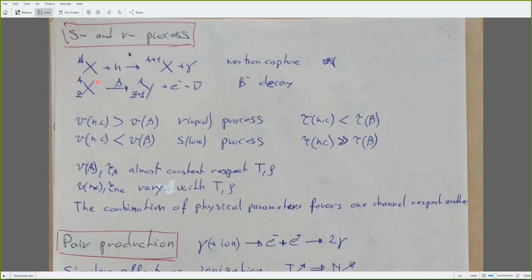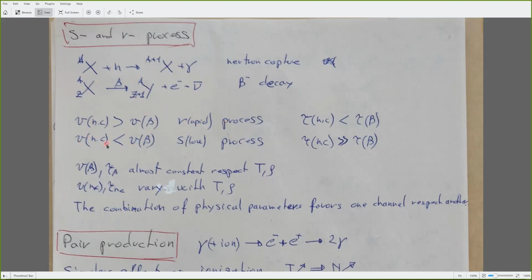Then if you have a lot of neutrons, so that the velocity of the neutron capture is definitely higher than the velocity of the beta decay, you have what is called the rapid process, in the sense that you rapidly fill the atoms with new nucleons.